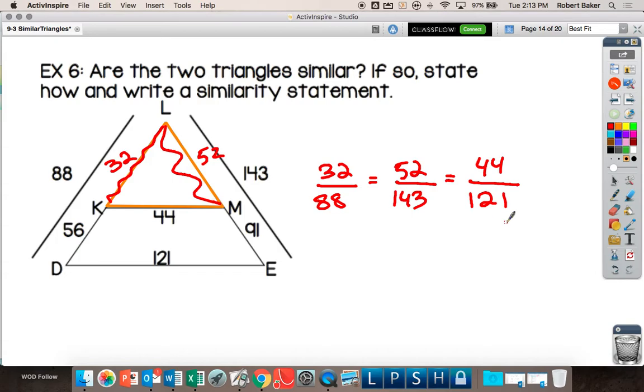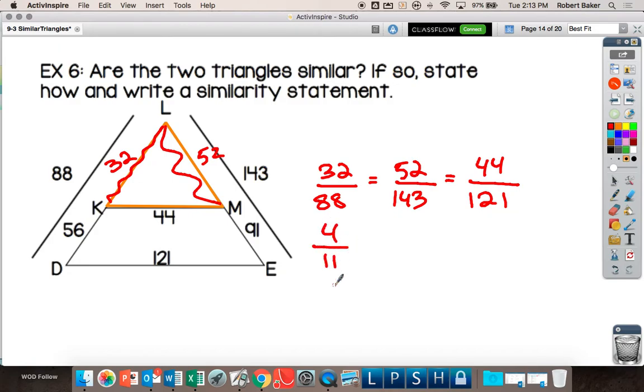I'm going to grab my calculator. I'm going to do 32 divided by 88, and I'm going to put a decimal in there. And it says 0.363636. Or if you just do 32 divided by 88, it gives you the fraction 4/11.